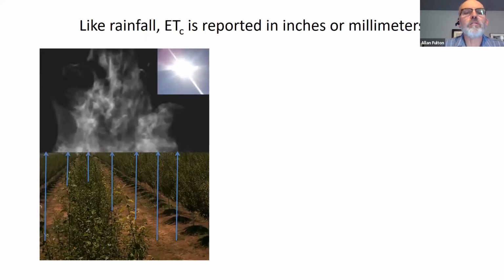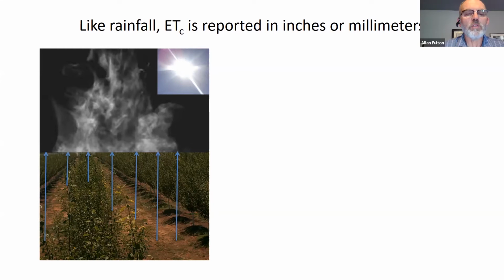Like rainfall, crop ET is reported in inches, or if we're in an area that uses the metric system, millimeters. The picture to the left shows a simplified idea of how crop evapotranspiration occurs. You see a prune orchard with young trees in a row. You see the shadow below them, and in that shadow is a single line of drip.